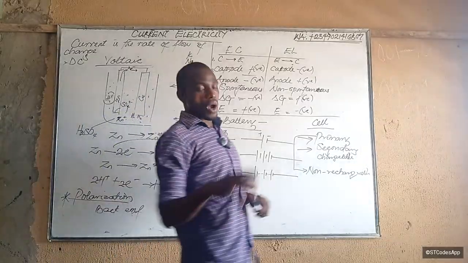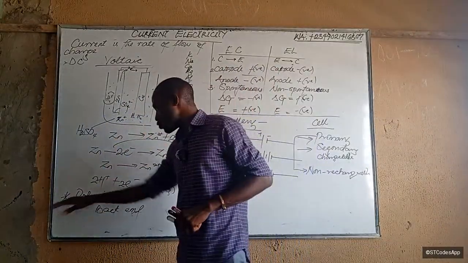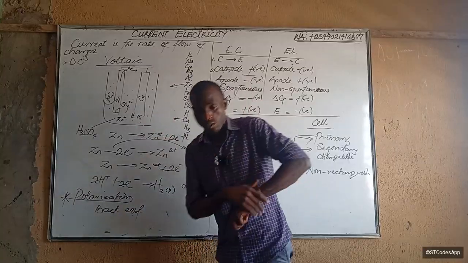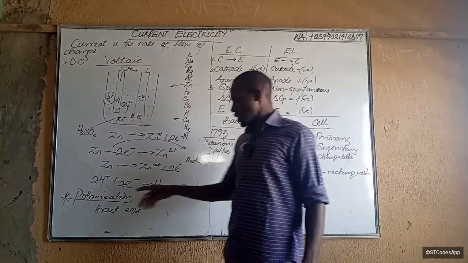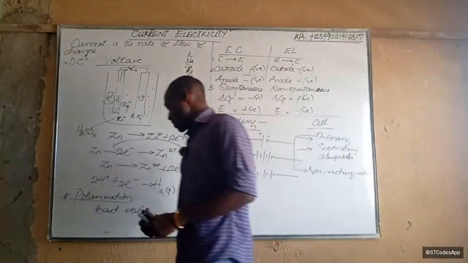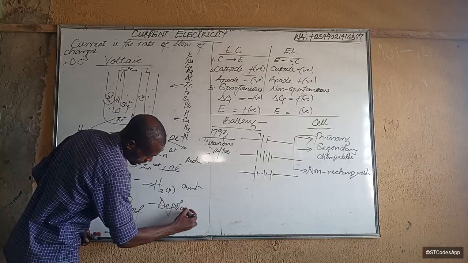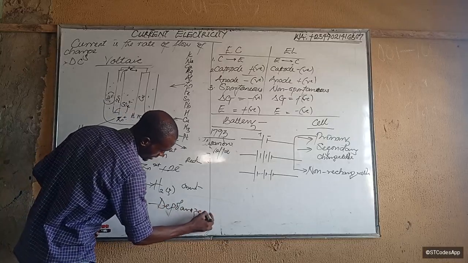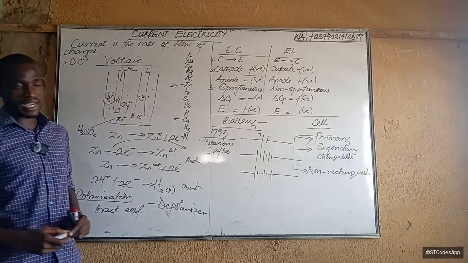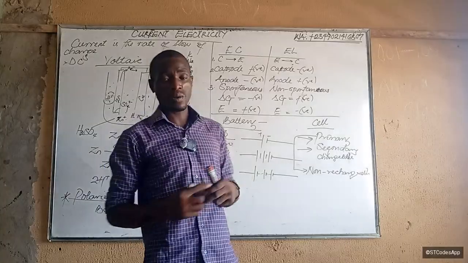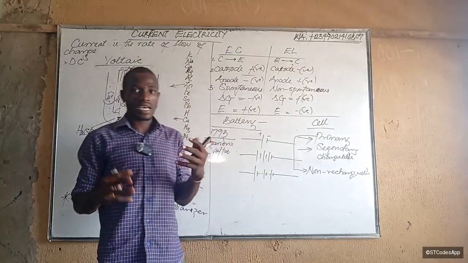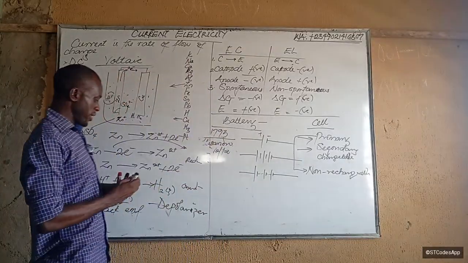Is that clear? Now, what is the solution to polarization? The solution to polarization is that a depolarizer is used. That's the most common exam question, okay? There are different depolarizers. In the Leclanche cell, the depolarizer is manganese(IV) oxide, MnO2.